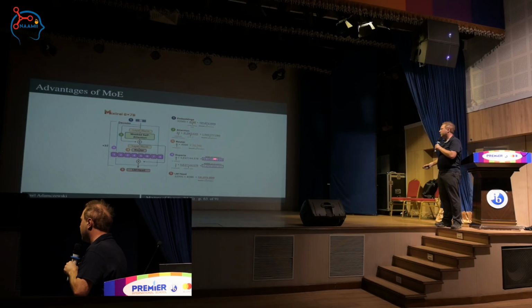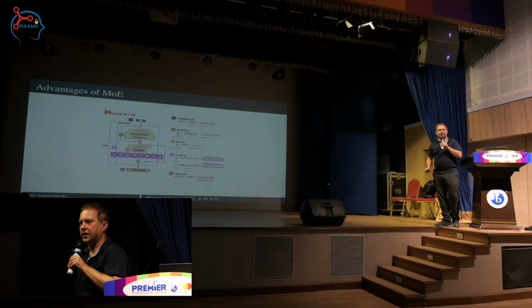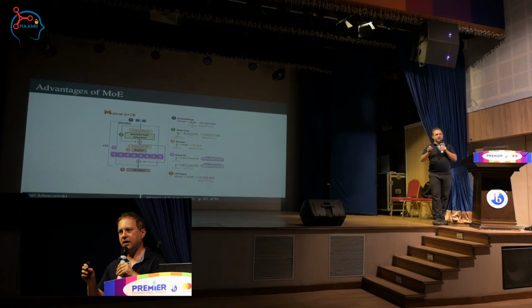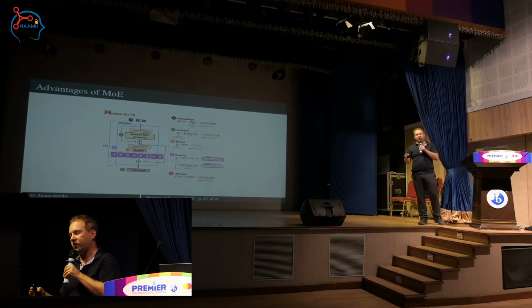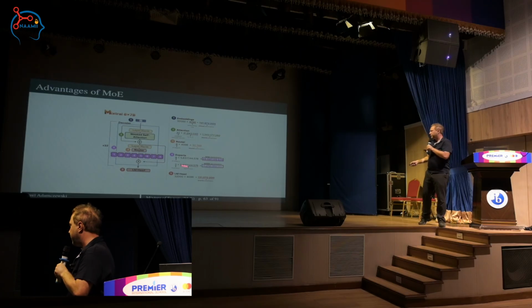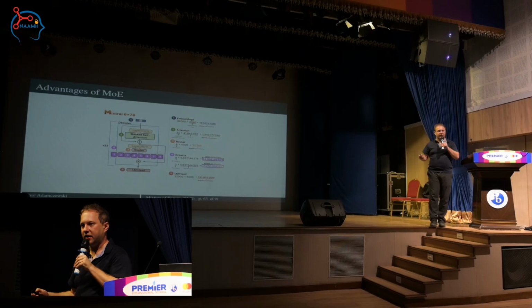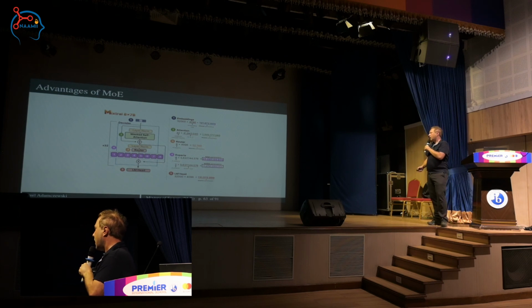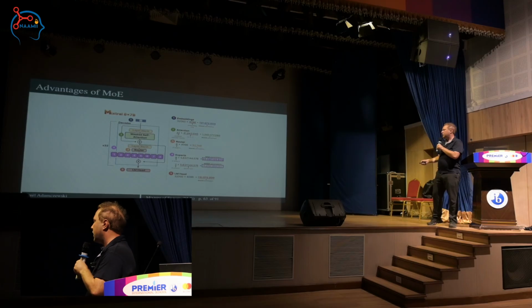And so these are the so-called total parameters. In the nomenclature of mixture of experts, we distinguish between total parameters and active parameters. The total parameters are the parameters from the entire network, and the active parameters are the parameters which are activated for a given input.